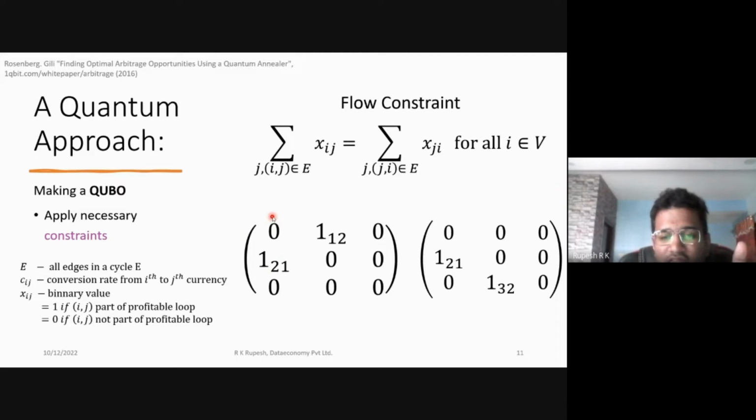So this is roughly the i index on the rows and j index on the columns, and the x_ij values are given within the matrix. And so when I say 1 here, it means that the conversion going from the second currency to the first currency is part of the loop, and the conversion going from first to second is also part of the loop. And so this is just a simple loop that goes from currency 1 to 2 and then back to 1 again. So a simple loop with just two currencies.